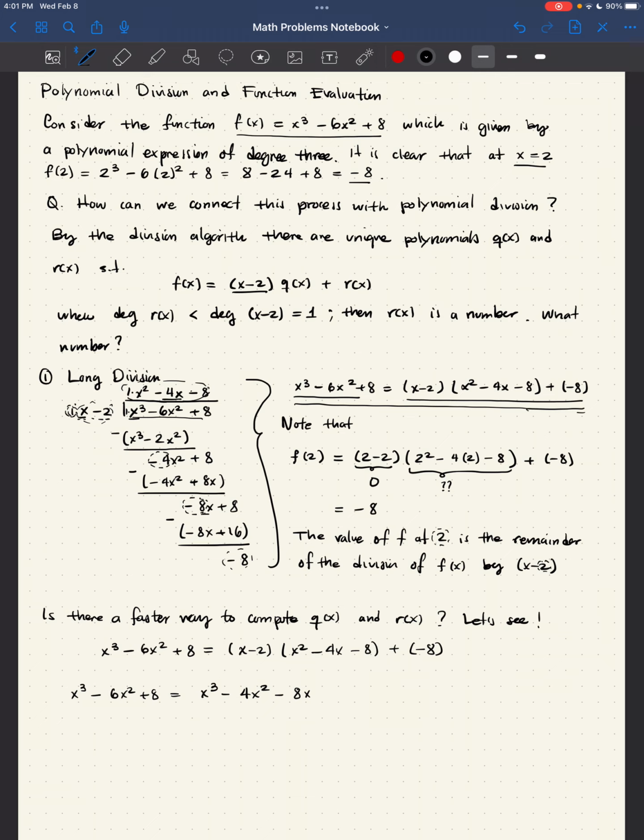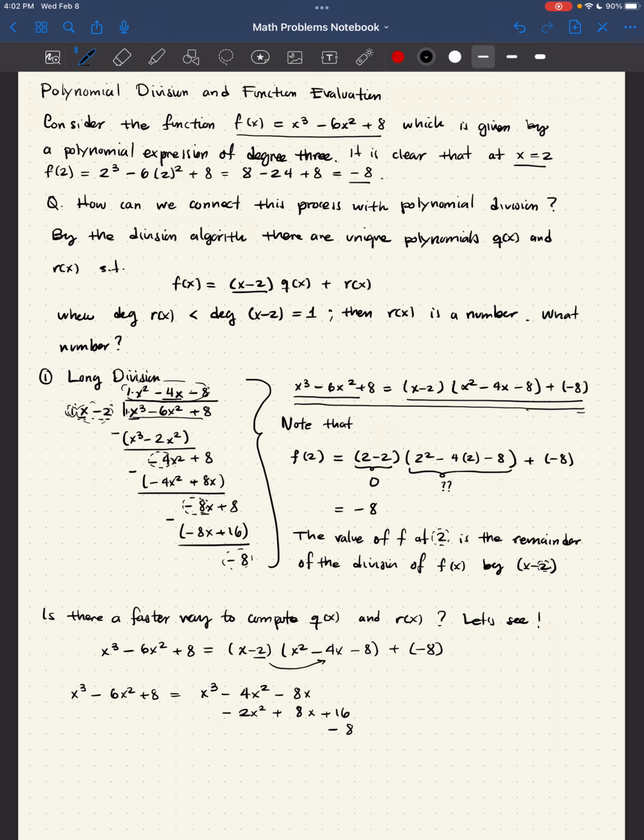And then the next part is going to be negative 2x squared plus 8x plus 16. The second line being the product of negative 2 against the quotient. And lastly, a negative 8. It's just another way of writing the same expression, right?